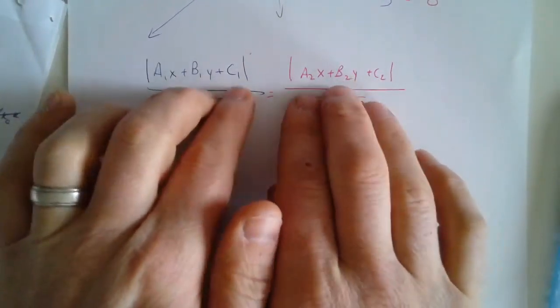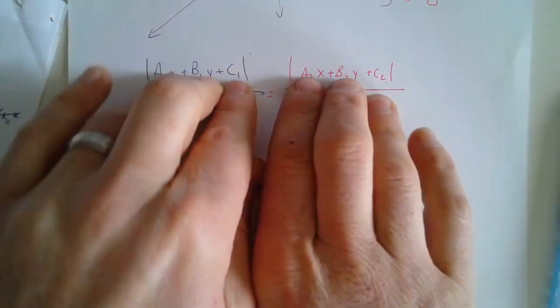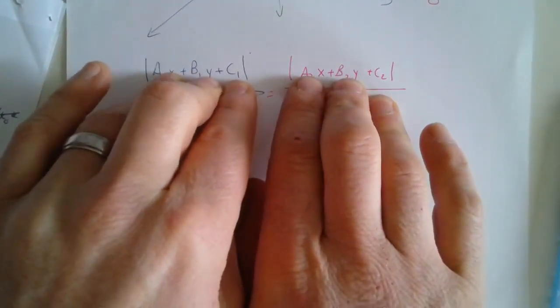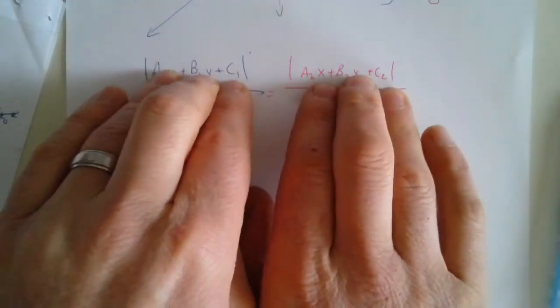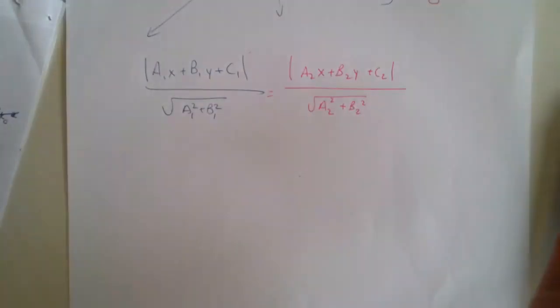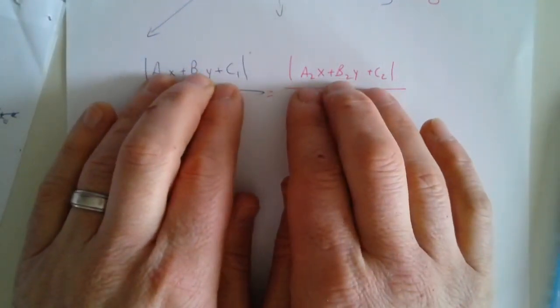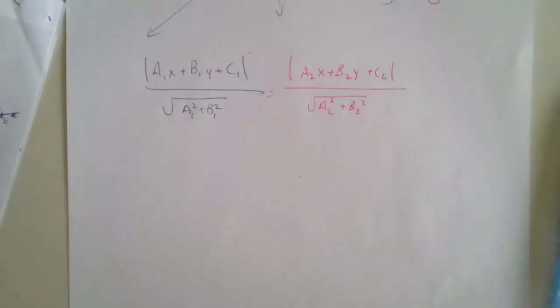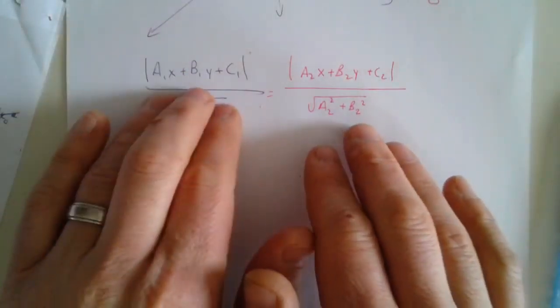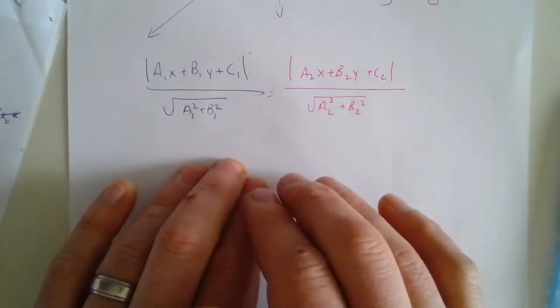In that case, the absolute value bars aren't doing anything. If they're both positive, the bars are meaningless, and if they're both negative, the negatives cancel each other out and it becomes the positive case. But if one's positive and one's negative, it doesn't matter which, then we have opposite signs.